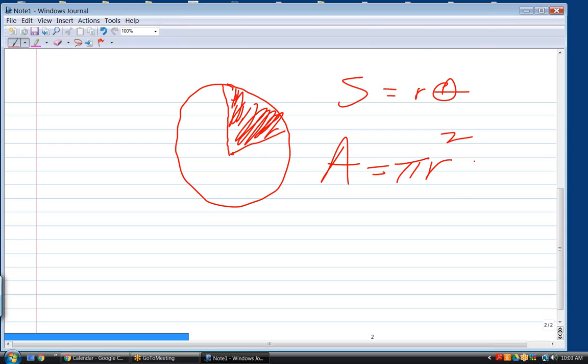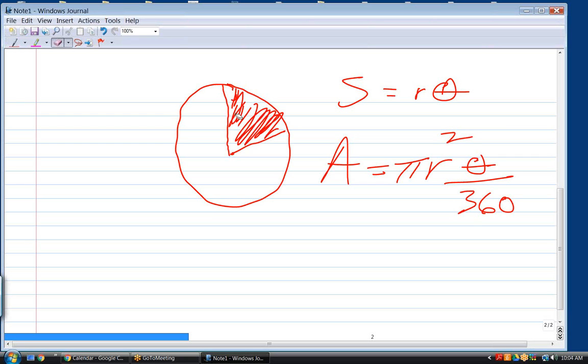It's that angle in degrees divided by 360, or divided by 2 pi radians. Same ratio. In other words, if that angle is in radians, it's divided by 2 pi.